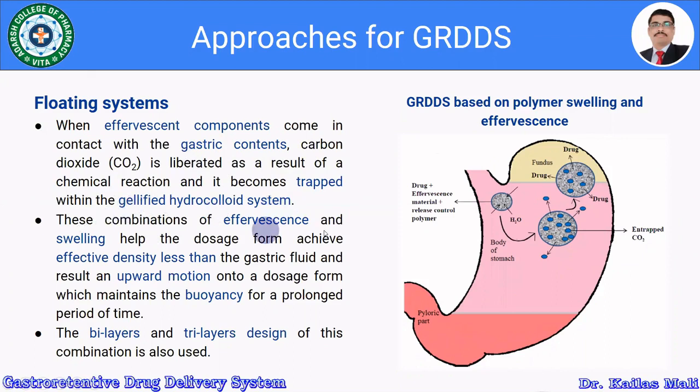These combinations of effervescence and swelling help the dosage form achieve effective density less than the gastric fluid and result in an upward motion of the dosage form, which maintains the buoyancy for a prolonged period of time. The bilayer and trilayer designs of these combinations are also used to design and develop the gastro-retentive drug delivery system.